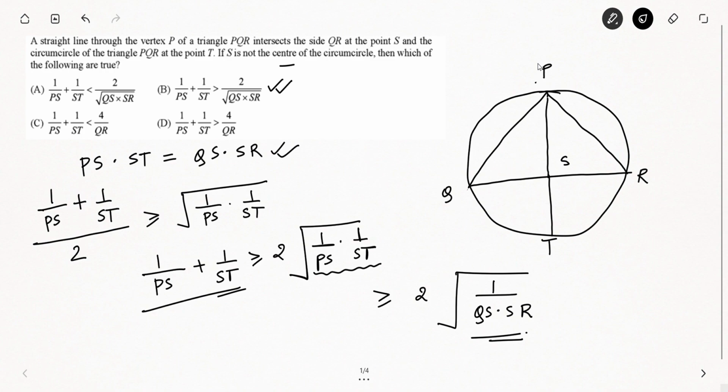From here, on the next page, what I can write is root under QS into SR. It is the geometric mean.